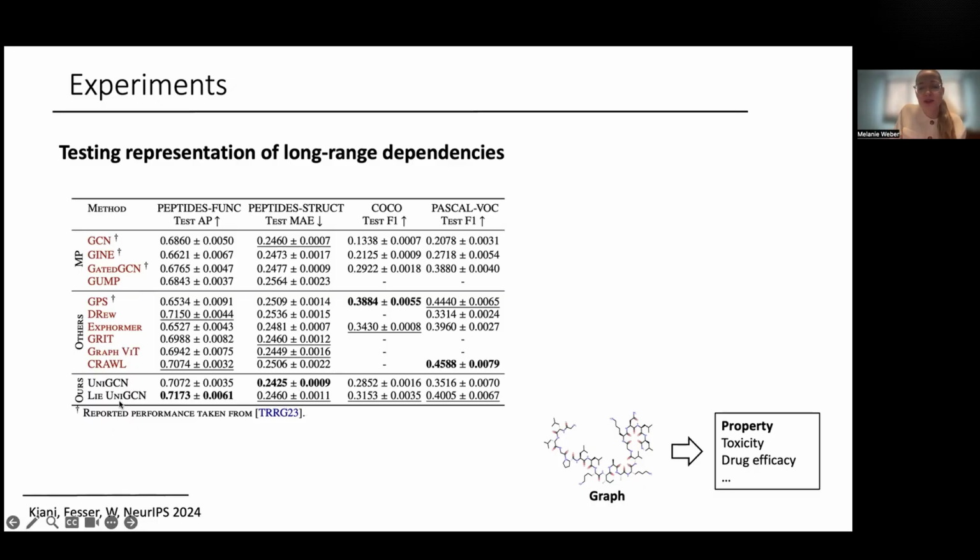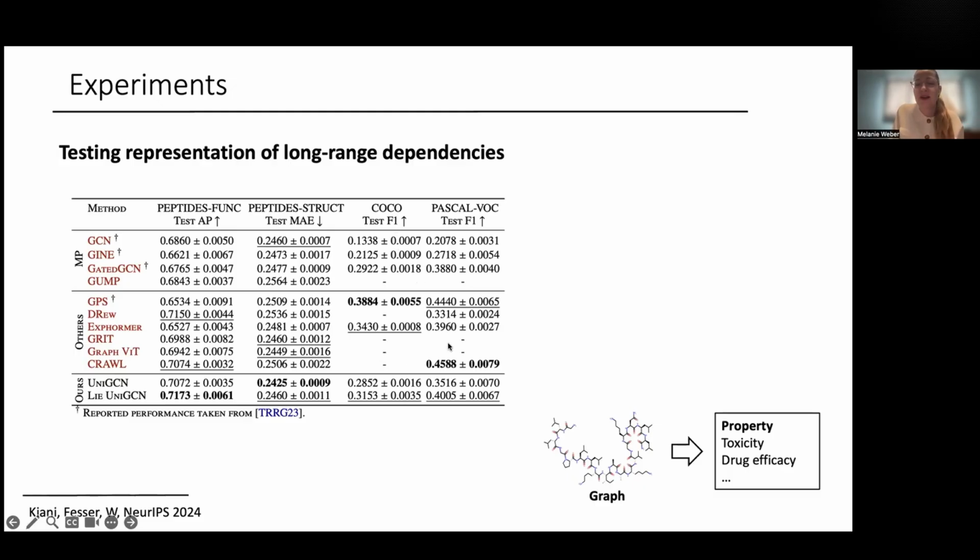And then at the bottom here, you have the two variants of the unitary convolutions. You see here that we're very clearly outperforming the message passing graph neural networks, and that we're competitive with the transformer-based architectures.